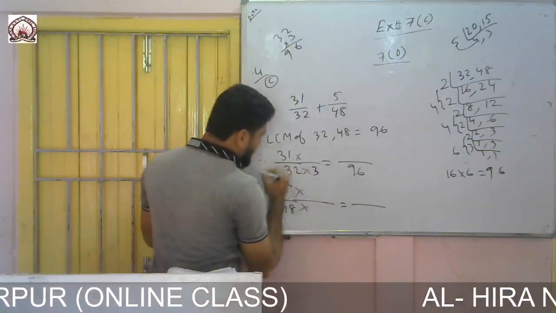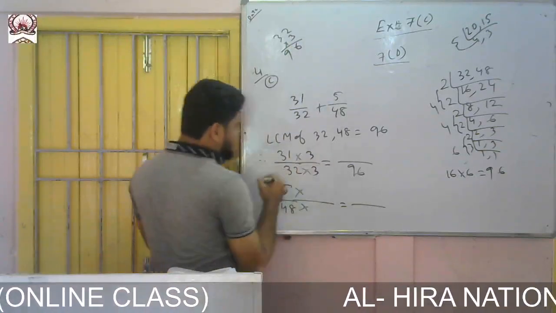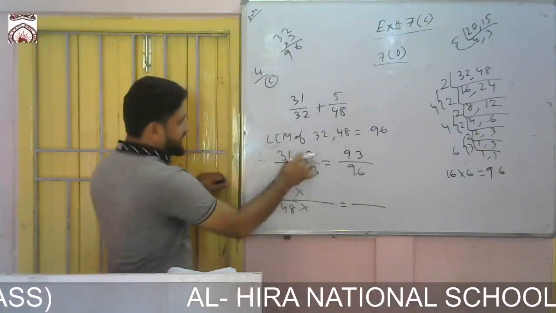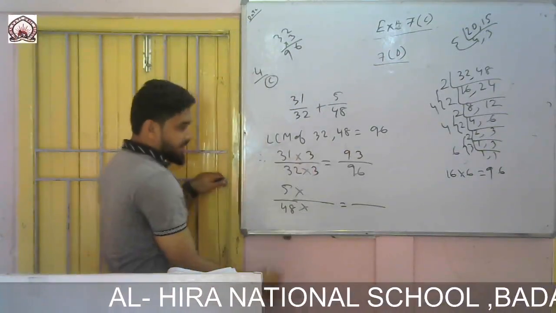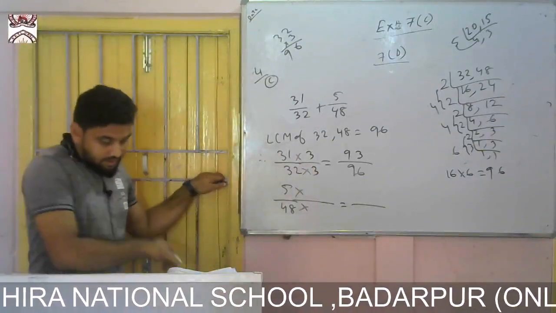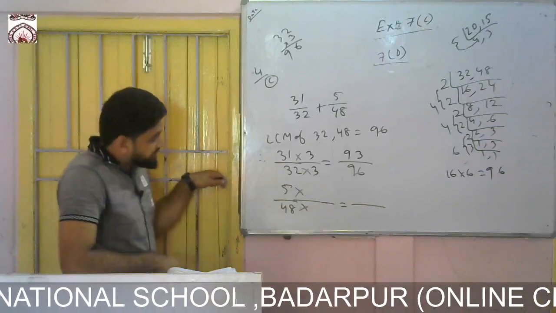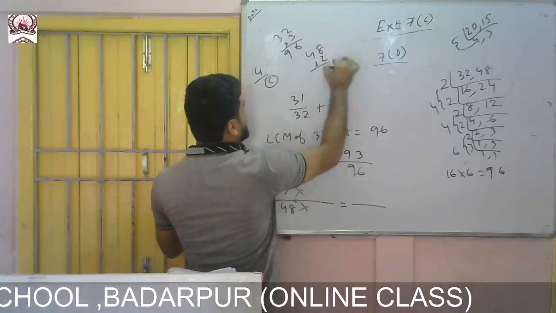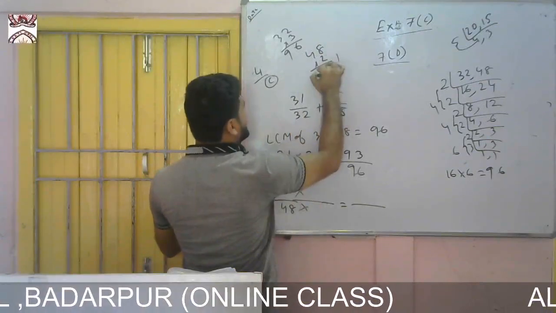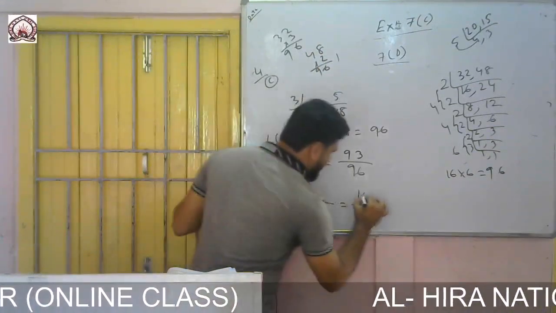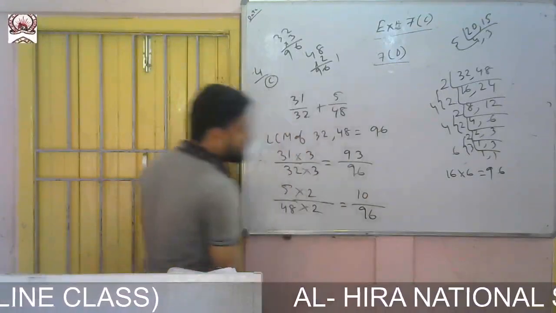So here 31 times 3, 3 ones are 3, 3 threes are 9. 93. Now this one, 48 times 2 is 96. So 5 twos are 10. 10 by 96.